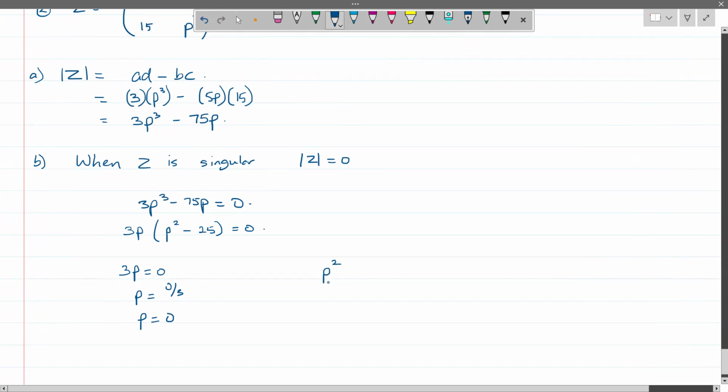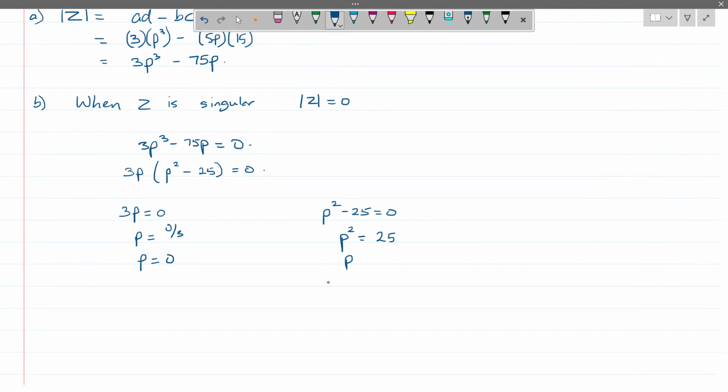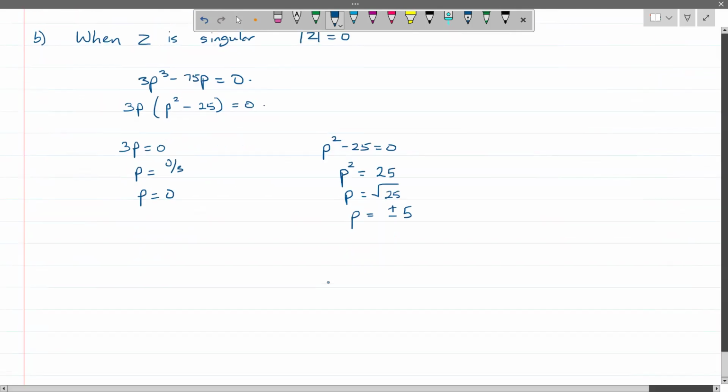Then we could have P squared minus 25 is equal to 0. Right? We move the 25 across the equal sign and it becomes positive. We find the square root of 25. I remember the square root of 25 will give us plus or minus 5. Right?